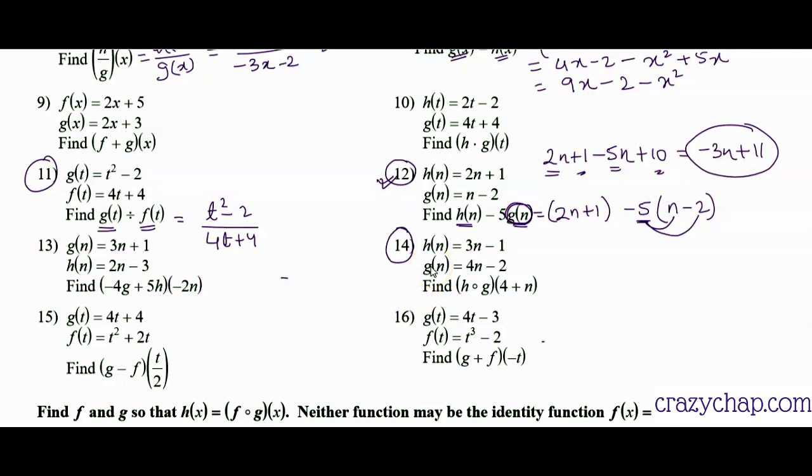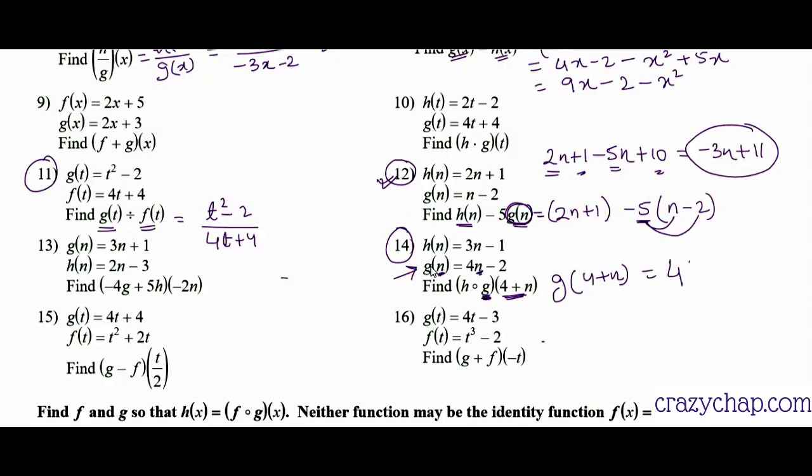So again, explaining this, it means that we will have to find g of 4 plus n first, like we had done previously in the question. This is not a multiplication, guys. We will have to find the front function first. We'll find g of 4 plus n. So let me find that first. How to find g of 4 plus n? The g(n) function is given to us. In place of n, we'll just replace 4 plus n.